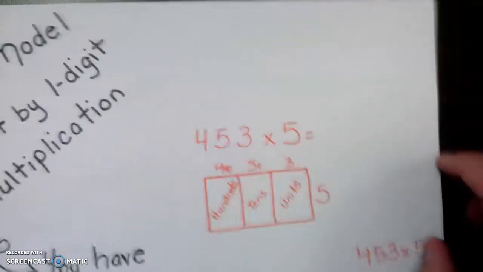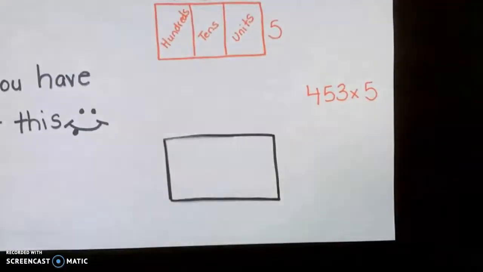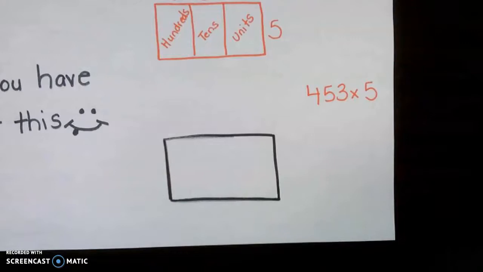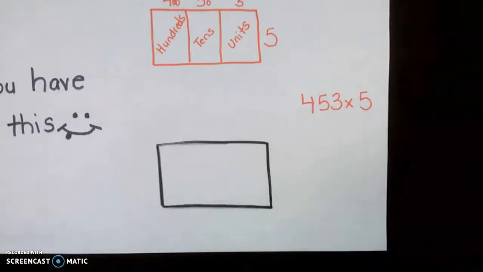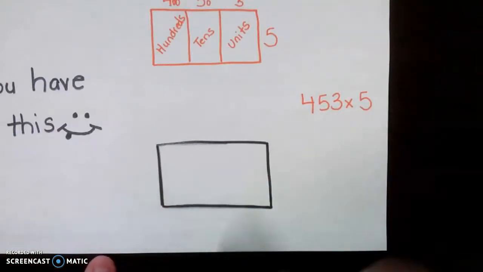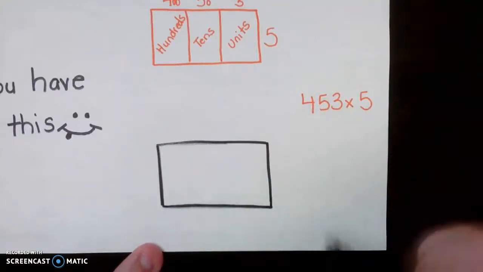Okay? So now we're going to start getting going down here. I'm just going to adjust. There we go. So you can see down here already that I have already drawn a box for us. Now we're going to start with our number, which is 453, which means that our box needs to be split into 3 even parts because our biggest number of our question has 3 digits in it.